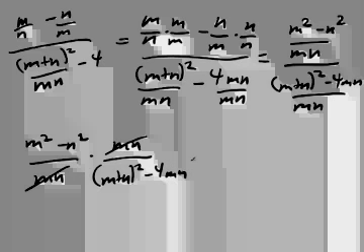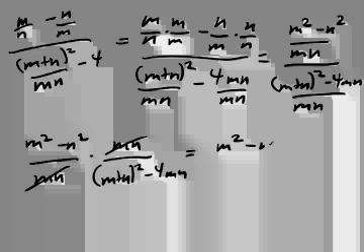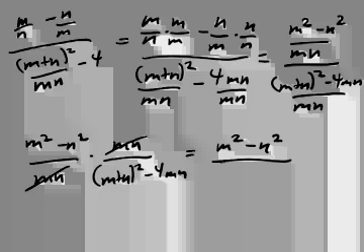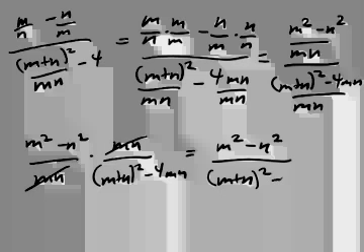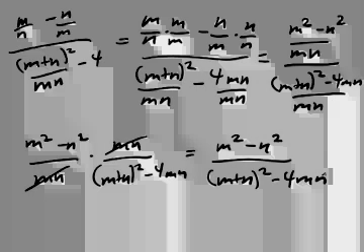These values cancel, and we have (m squared minus n squared) divided by (m plus n) squared minus 4mn.